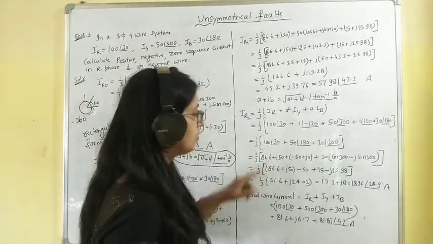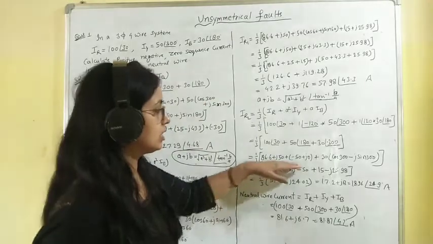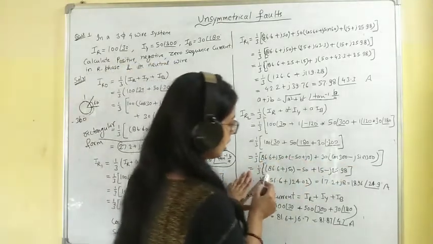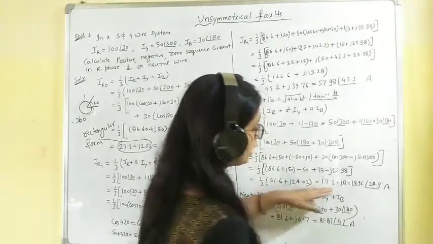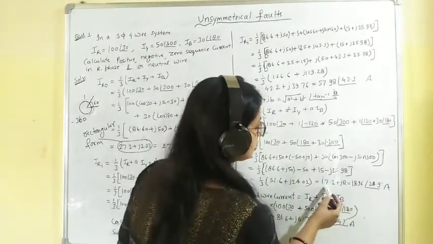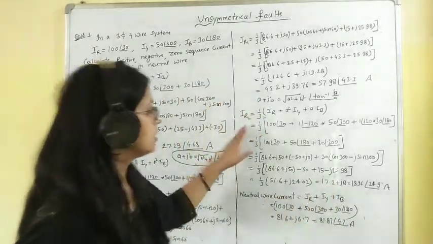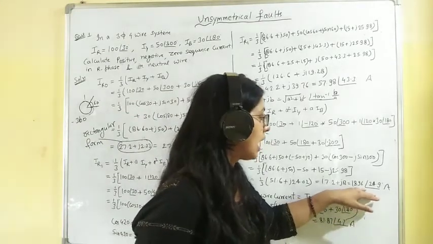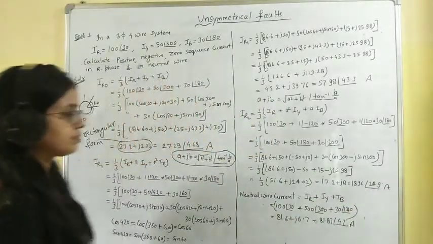Now when we convert this polar form to rectangular form, we get this type of calculation. Again separating the real and imaginary values, we get 17.2 plus j 8, so the negative sequence component will be 18.96 angle 24.9 degree.